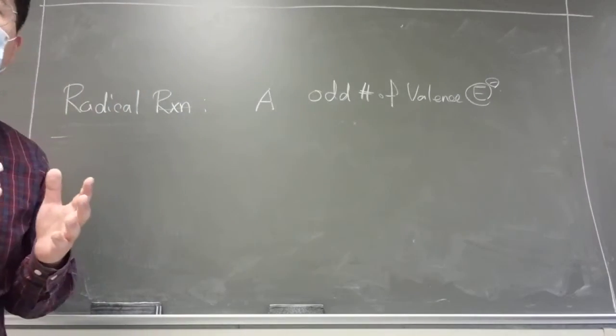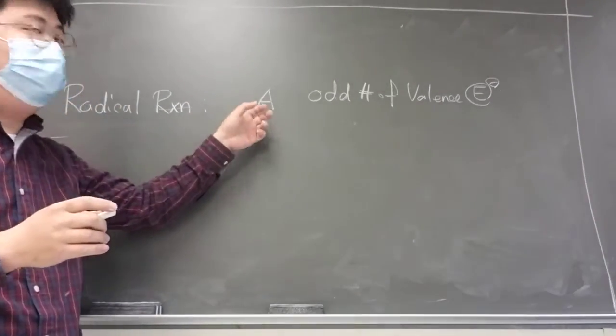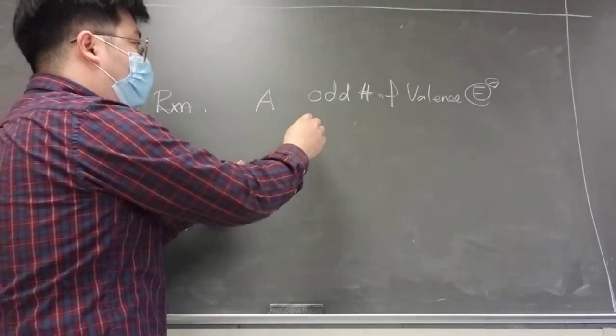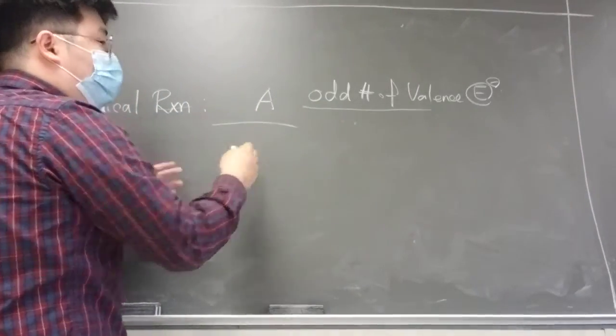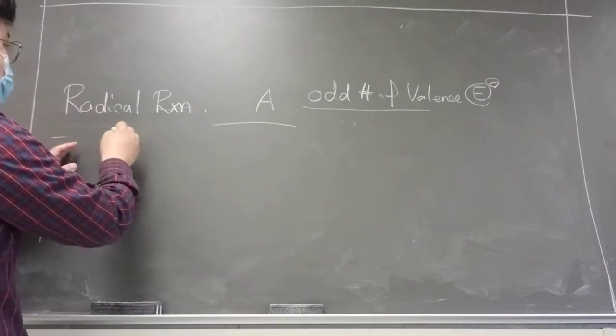So that means it's not going to be one pair or two pairs of electrons on A or B atoms, but maybe 3 or 5 or 7, odd numbers of valence electrons on A. Then this is what we call radical compounds or radical elements.